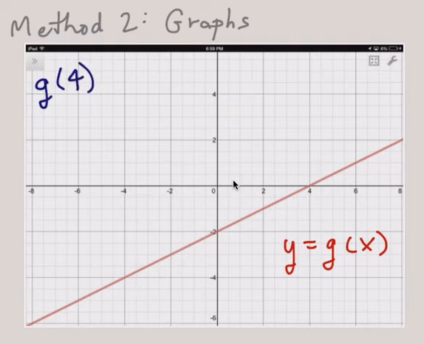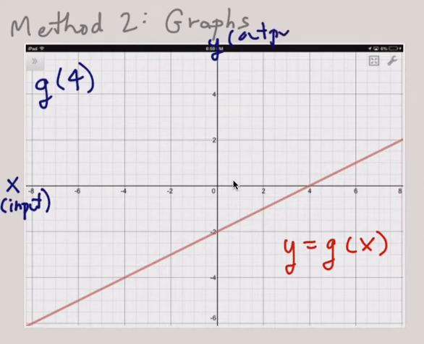In this case, 4 is the input, and for these we're going to call the x's the inputs, and the y's the outputs. But it's actually just like the previous example. So I find 4 as the input right here, and I look at that point, and its y value is 0. So g of 4 is equal to 0.